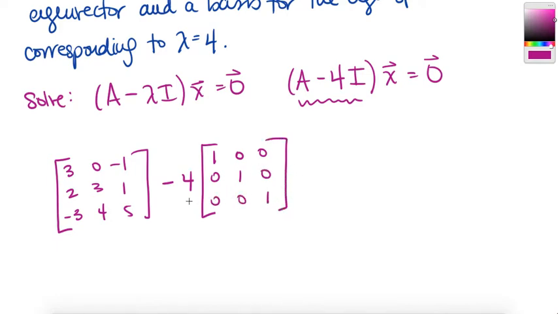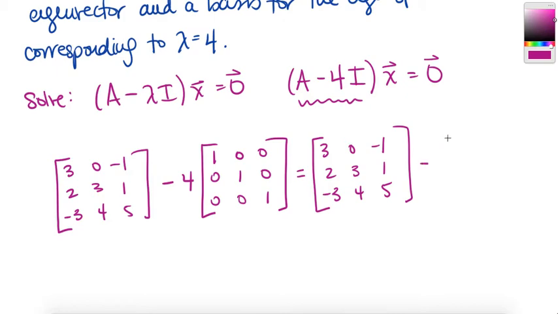Notice when we multiply that scalar in, all the zeros stay 0, and instead of 1s along the diagonal, we will have 4s along the diagonal. So 3, 0, negative 1, 2, 3, 1, negative 3, 4, 5, minus 4, 0, 0, 0, 4, 0, 0, 0, 4.